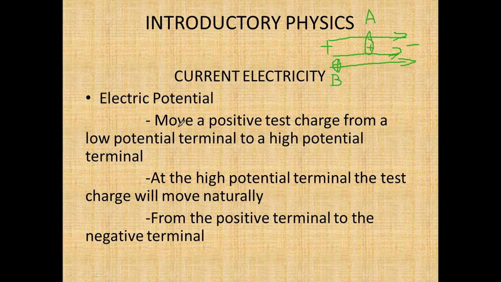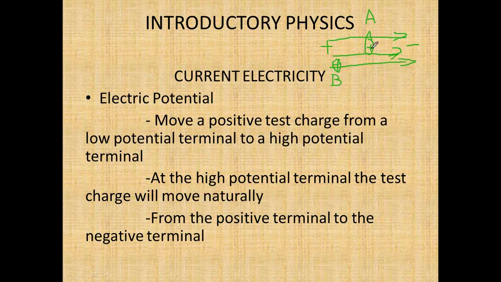So your electric potential is greater at position B than position A. That is why we say electric potential is location dependent. So your positive test charge is going to have more electric potential energy at position B than position A.